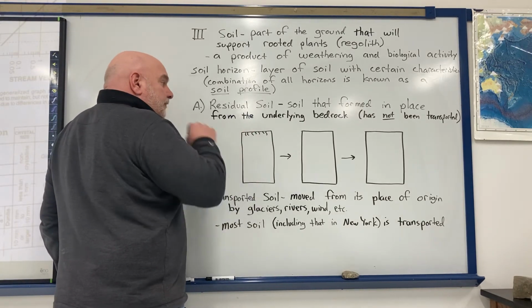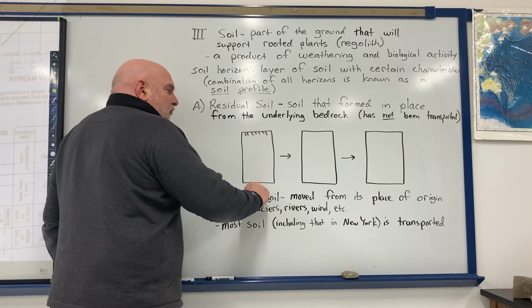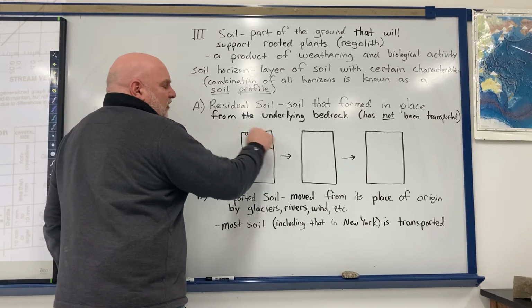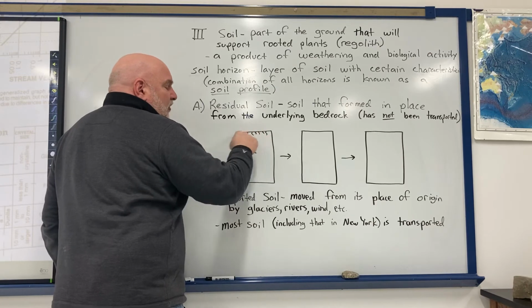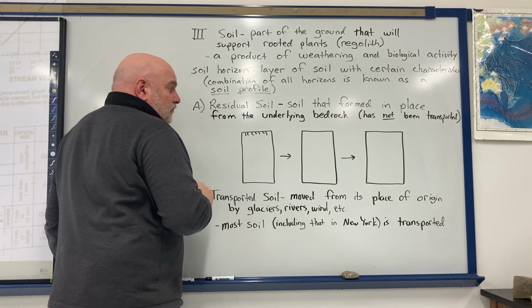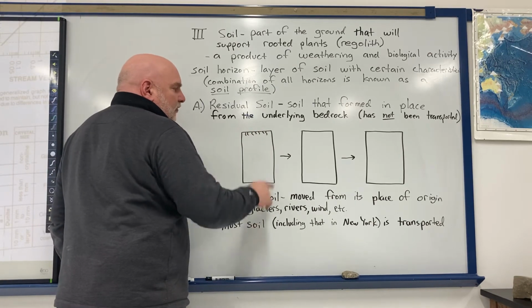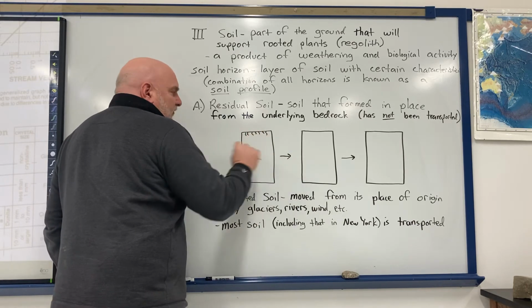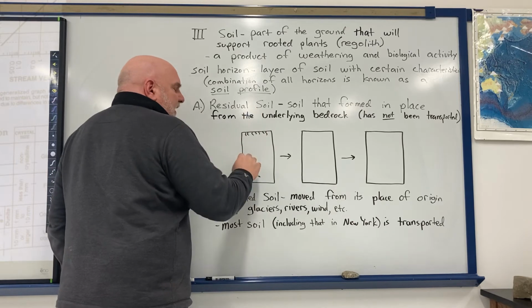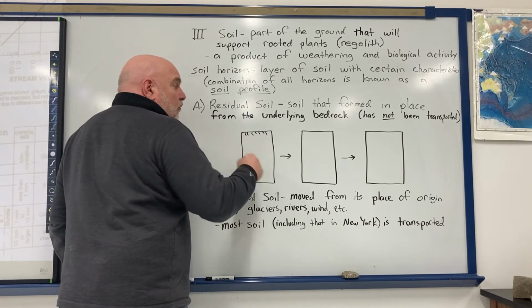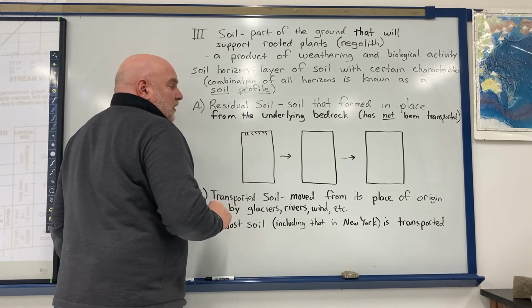So you start off with solid rock. Now, because of weathering, the top here is starting to break up a bit. As more time goes by, the water can penetrate further, and the air can get down further. You're going to get more weathering. The more it cracks up, the more weathering you're going to have.